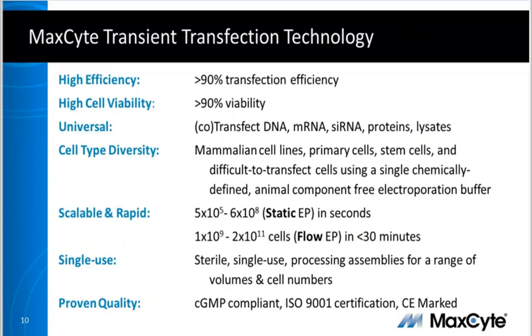This slide highlights key attributes of Maxcyte's transfection technology. First, with most cell types, we can achieve greater than 90% transfection efficiency while maintaining greater than 90% cell viability. Maxcyte's electroporation-based technology can transfect or co-transfect a wide variety of loading agents, including plasmid DNA, mRNA, siRNA, proteins, and even cell lysates.